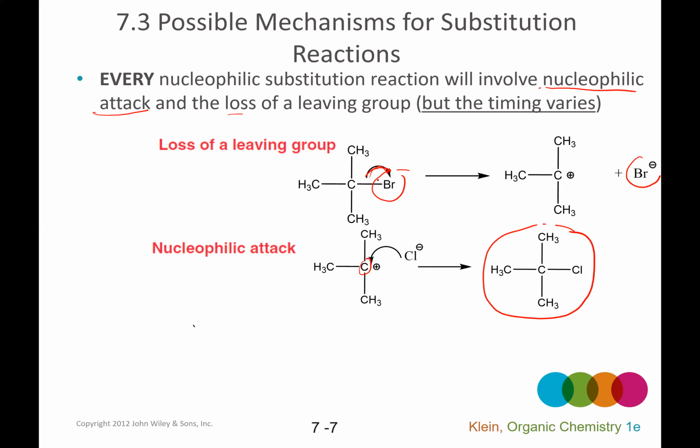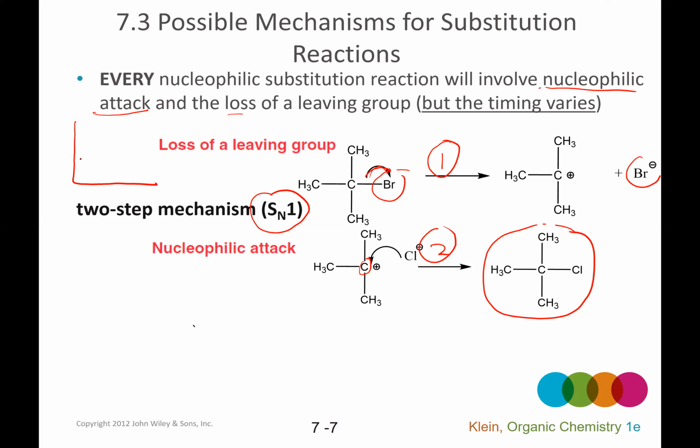So this process is a two-step reaction, step one and step two, and it's called an SN1 reaction. Okay, so I'll explain the symbolism probably later. Okay, two-step is SN1, and if you want to draw an energy diagram, it would look like this. So you'd have the reactants, and there'd be a barrier to form the carbocation intermediate, right?